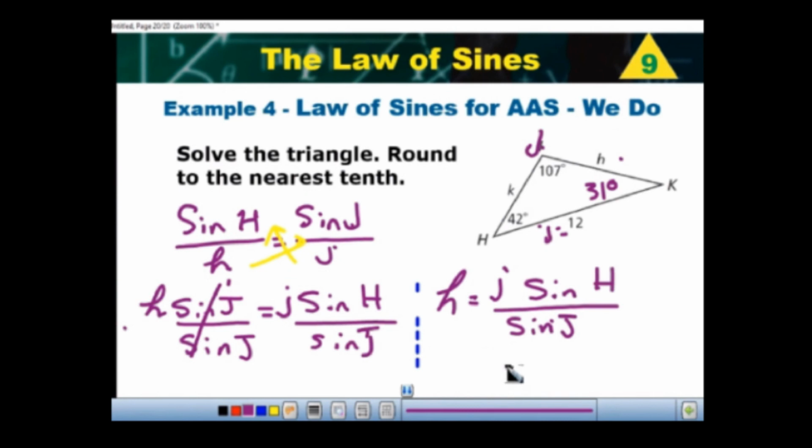And when you plug them in, what's j? I have 12. Sine H is, how much is H? 42. Divided by sine J, sine J is 107 degrees.